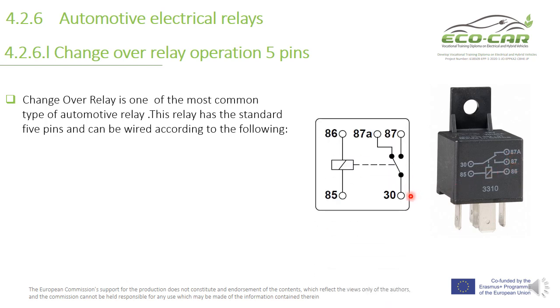And this is the wiring inside the relay. 30 and 87A is normally closed, and 30 and 87 normally open, and this is the coil.